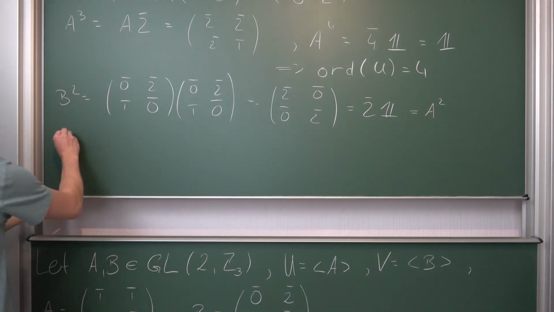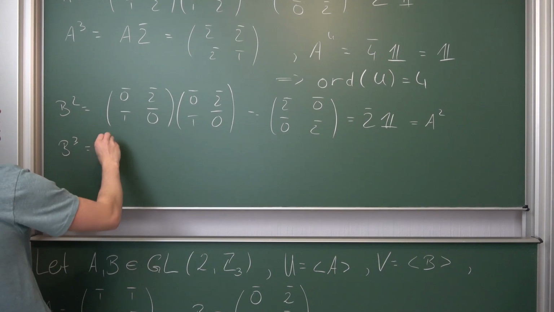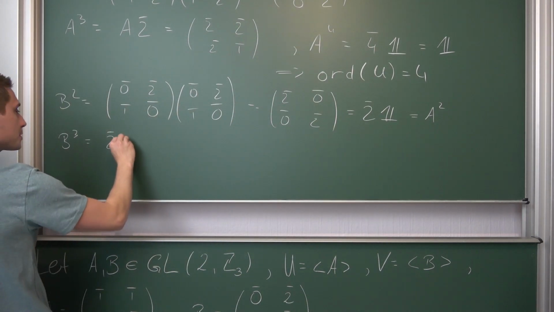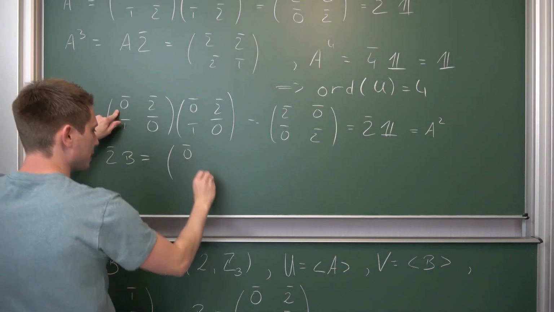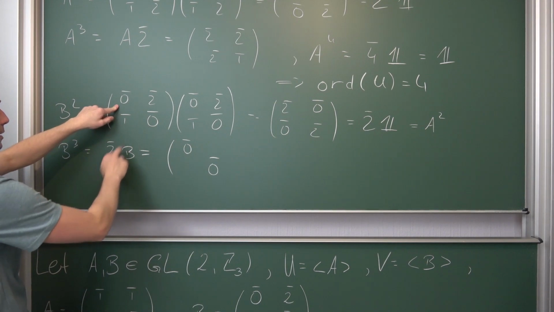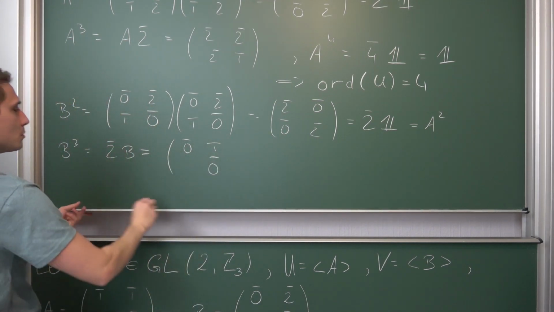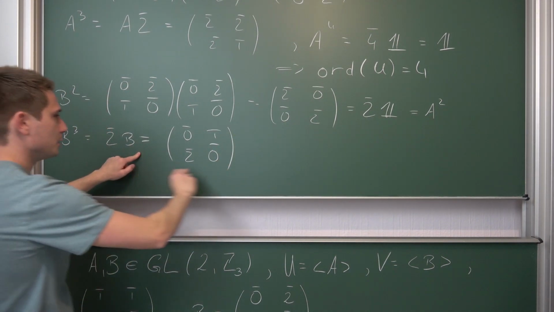Now we are going to compute b to the 3rd power. Well, by the same arguments as before, this is nothing but b times 2 times the identity matrix, which is 2 times b, giving us, on the diagonals, 0, and then 2 times 2 is going to be 4, modulo 3 is nothing but 1, and 2 times 1 is nothing but 2. Okay, great job. And now we are going to continue.